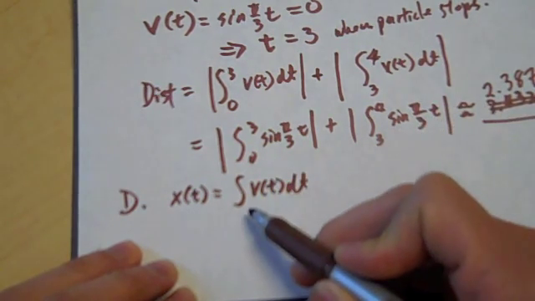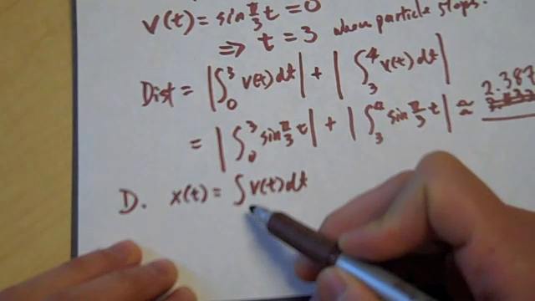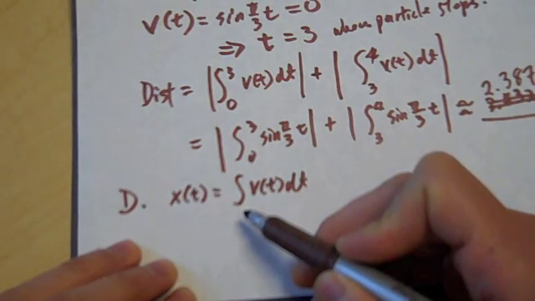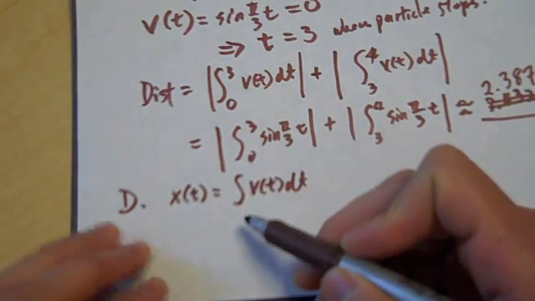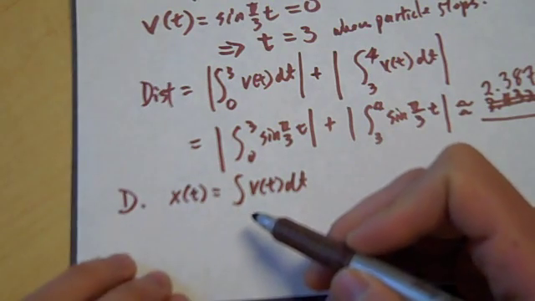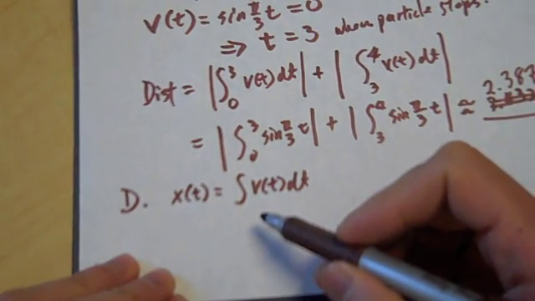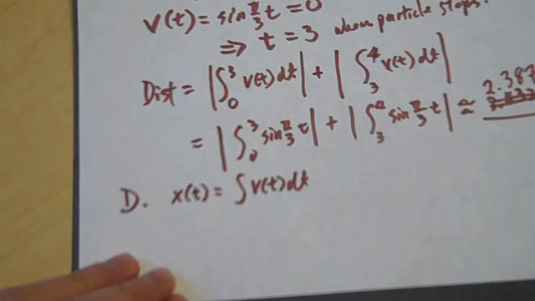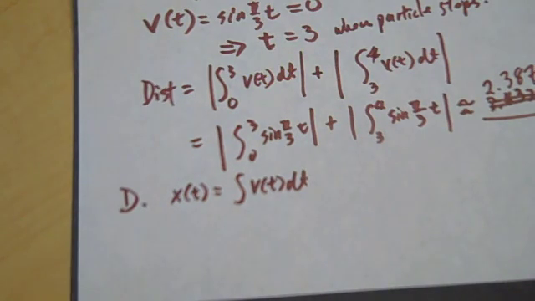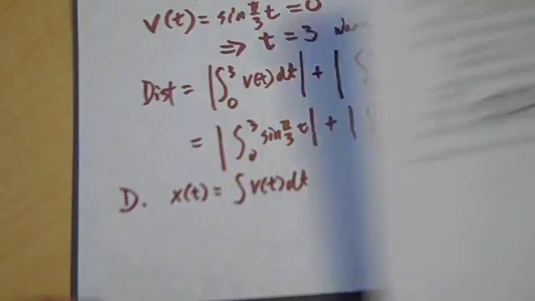Now notice that this is an antiderivative rather than a definite integral, precisely because we also need to utilize the initial position to help us find the integration constant.